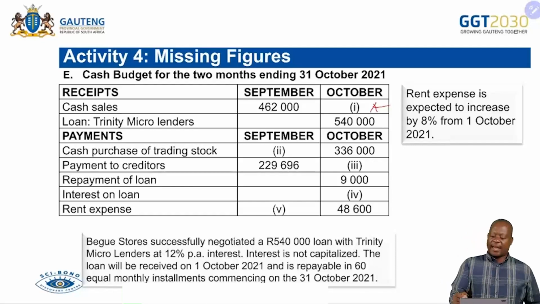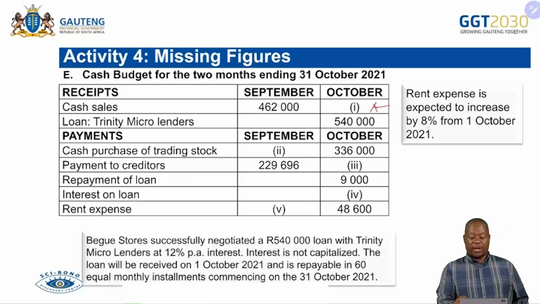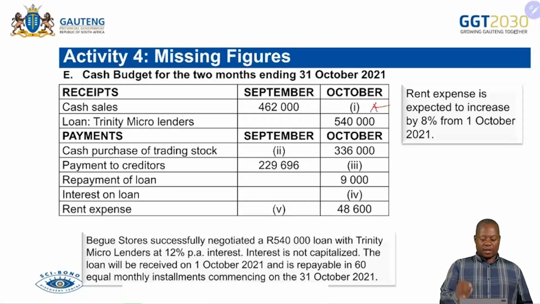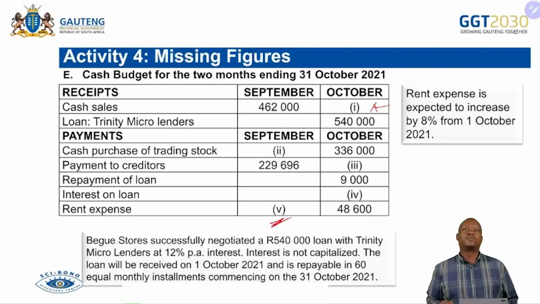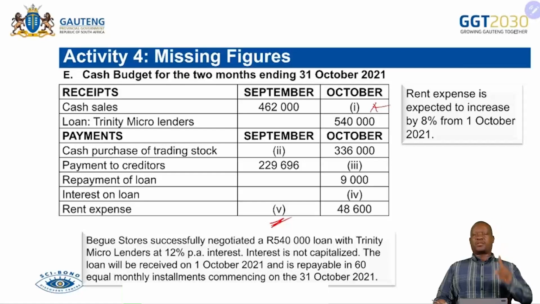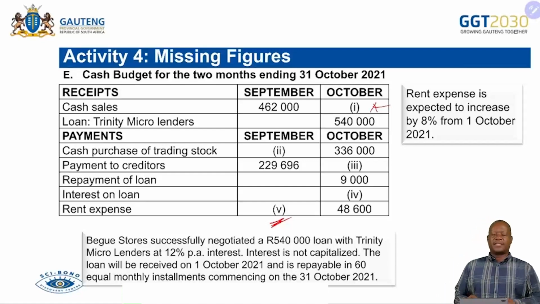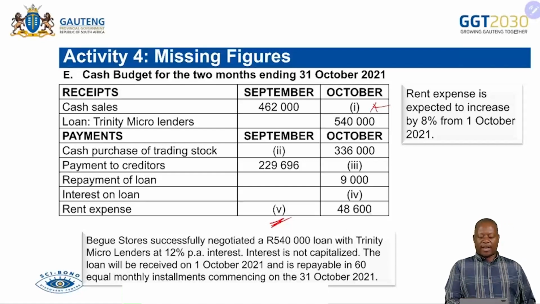Now they are saying here, the rent expense is expected to increase by 8%. Now let's go to the rent expense, which is 5. We don't know the rent expense for September, but we know the rent expense of October after an 8% increase. So it means this figure is already after the increase of 8%, which means it is 108%.